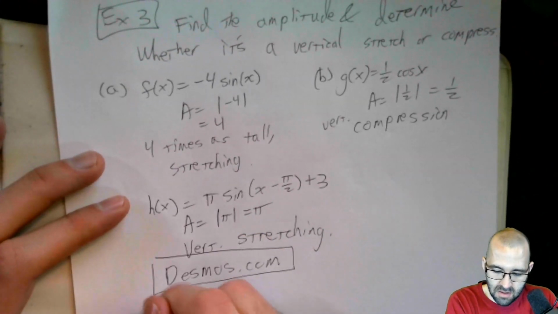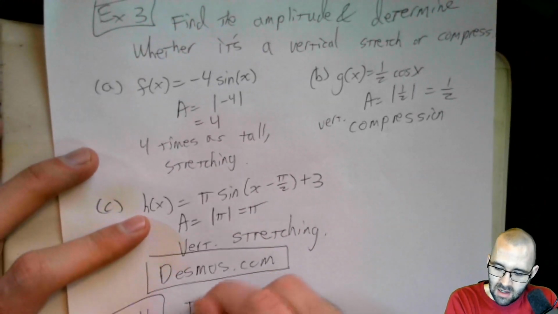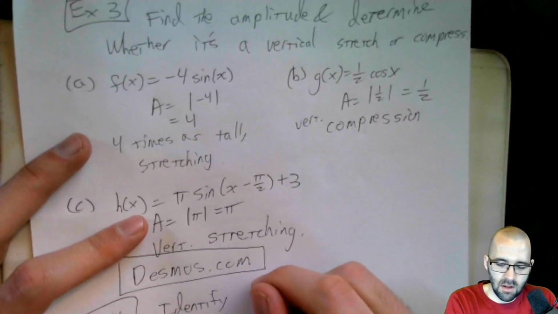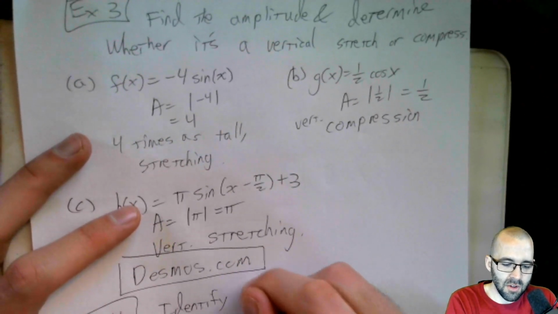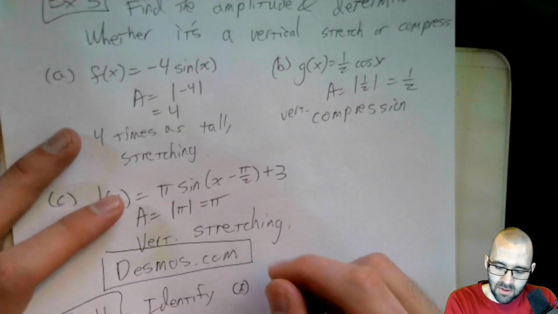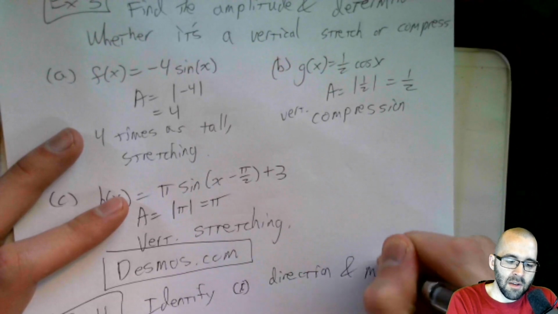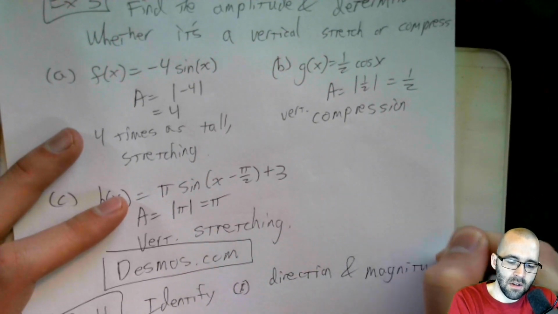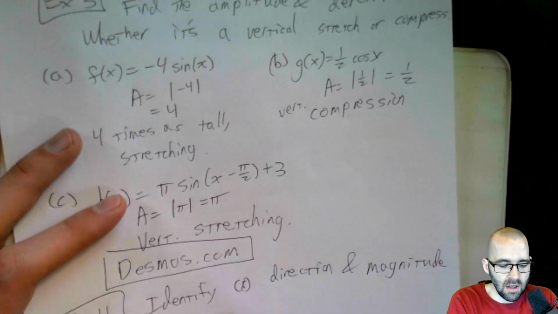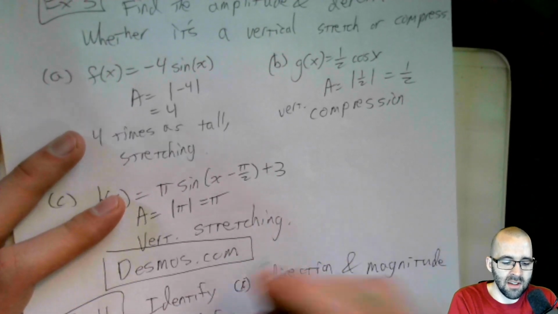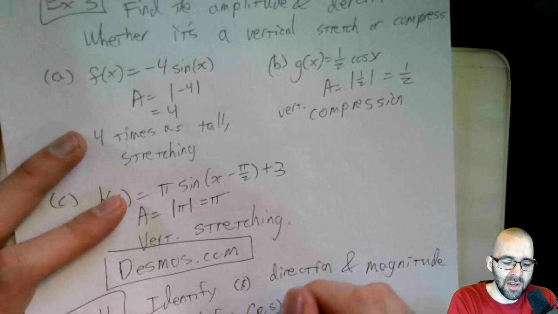Example 4, identify two things. Part 1 is the direction and magnitude of the phase shift. Also, mathematicians are notoriously lazy, so I will probably almost always be calling this PS.